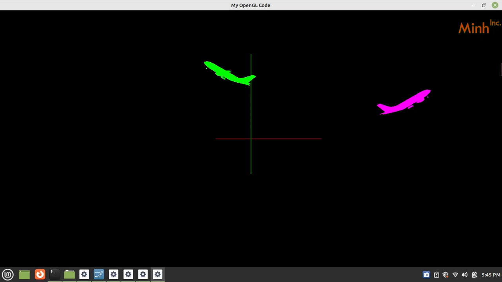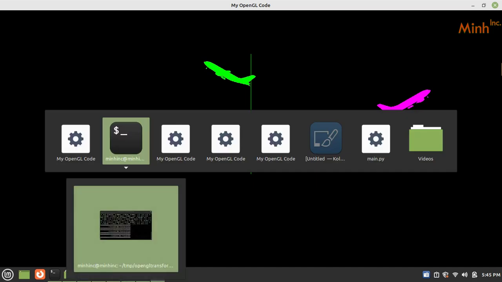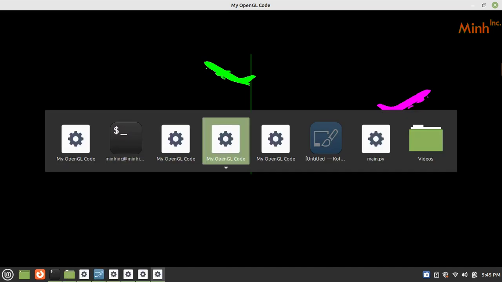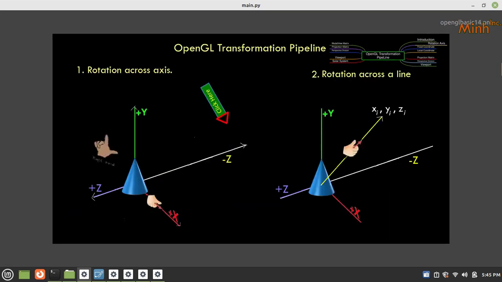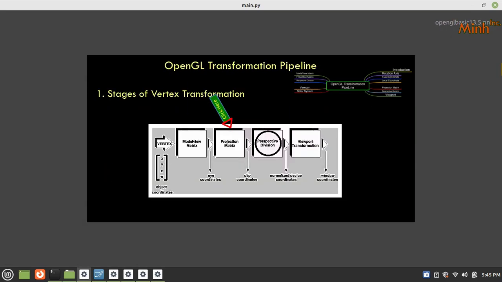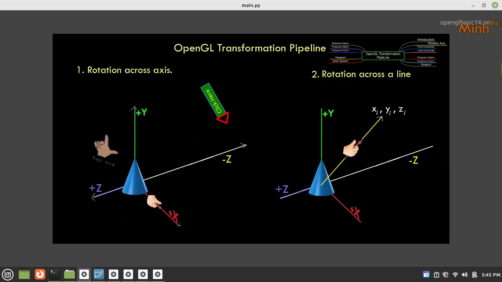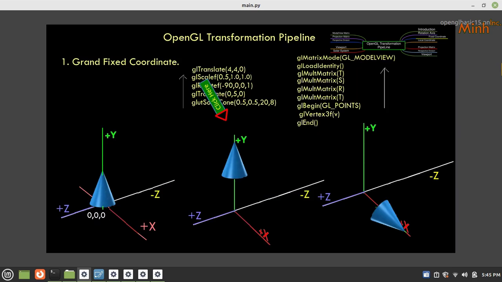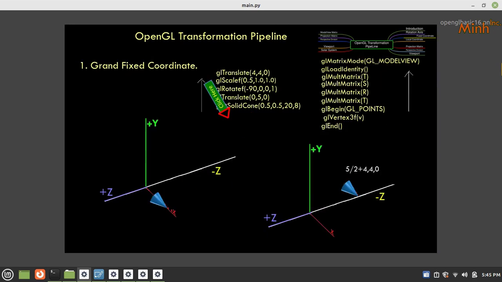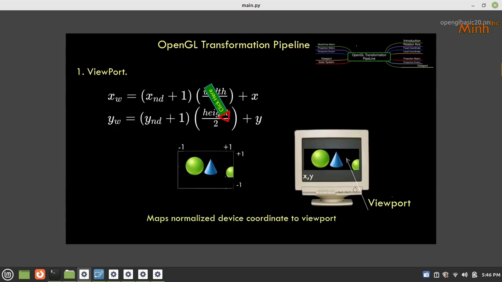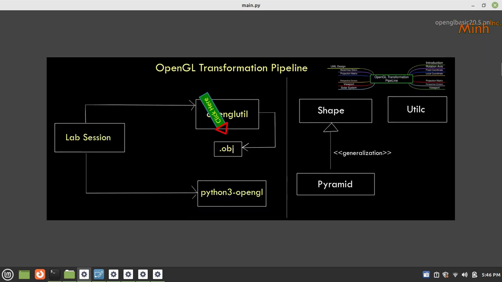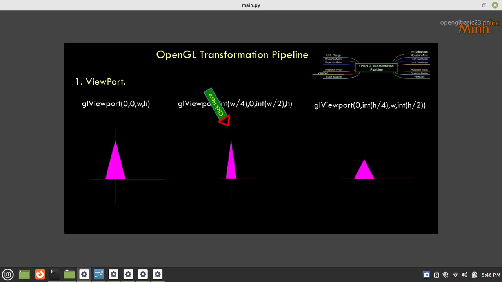Okay, so we covered the pipeline and then rotation across a line, then ground coordinate, fixed coordinate, moving local. This is what we showed now. And projection matrix, perspective division, then viewport. Then in the lab session we showed this.